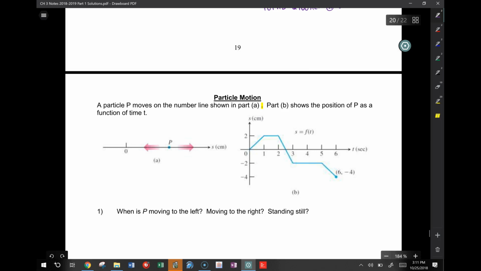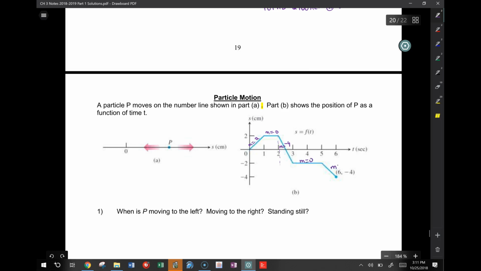All right, so here in this first part, what is the slope? 2 over 1, because it goes up 2 over 1, so the slope is 2. What is the slope here from 1 to 2? 0. What is the slope in this chunk here? Negative. It goes down 4 and over 1, so negative 4. What about here? m equals 0.